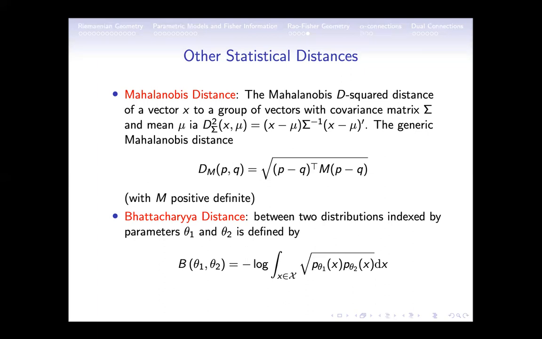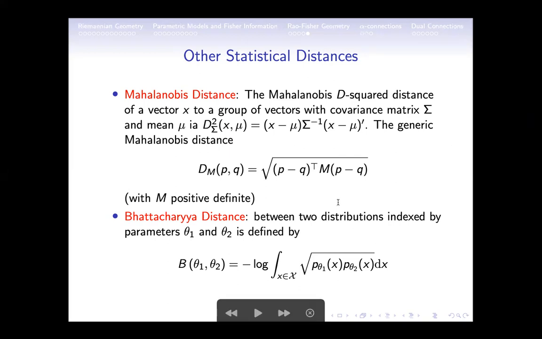There is also another sort of distance, the Bhattacharya distance, and I don't know why Indian statisticians were so involved with defining distances. Of course, when I talk about Indian statisticians, they are always associated with ISI. I think that's not very wrong to say. Anyway, the Bhattacharya distance is defined as the distance between two probability distributions indexed by parameters θ1 and θ2, defined as the following.